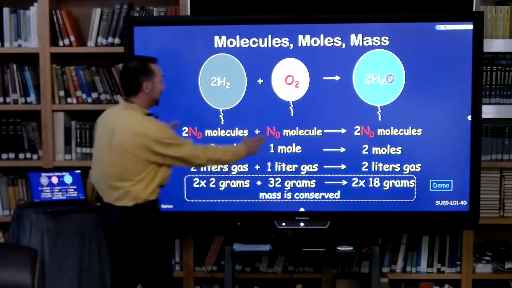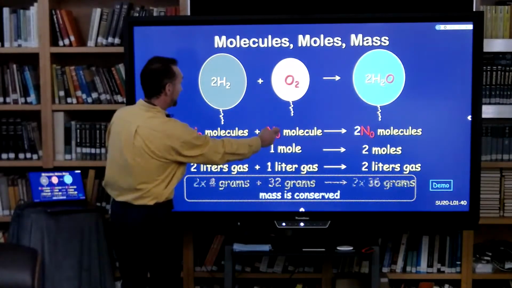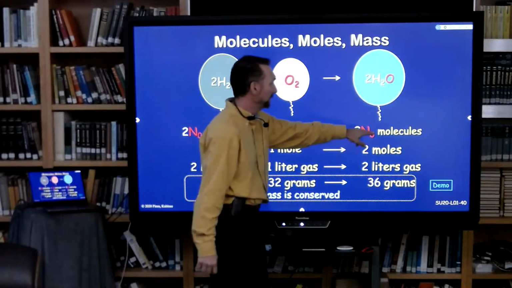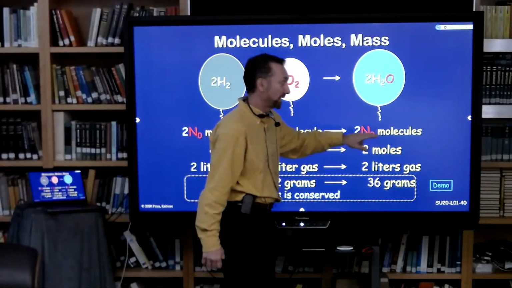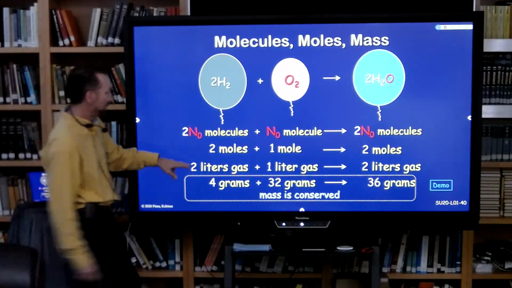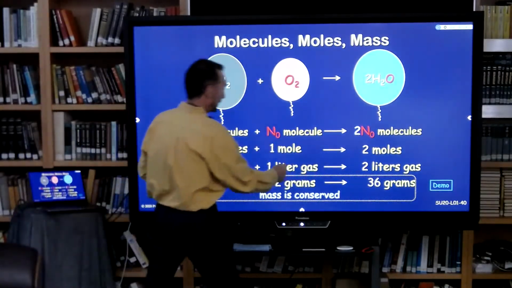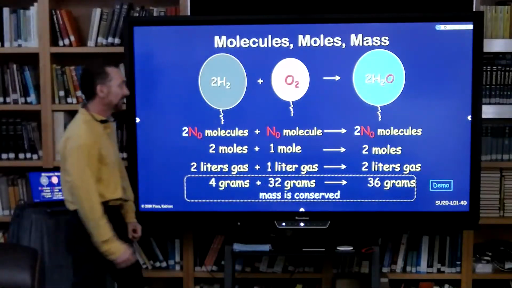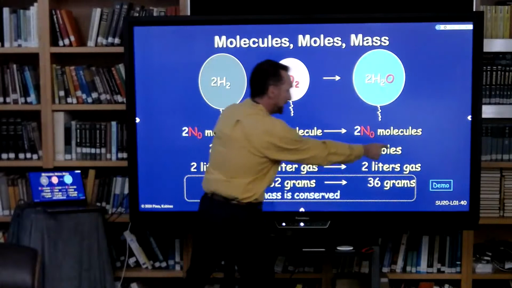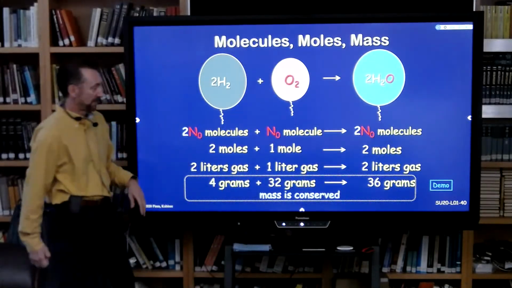So there's 3 moles of particles on this side. There's only 2 moles of particles on this side, 2 molecules. So particles aren't conserved. Neither is volume. 3 liters on this side, 2 liters on that side. Number of moles not conserved. 3 moles total on this side, 2 on that side.